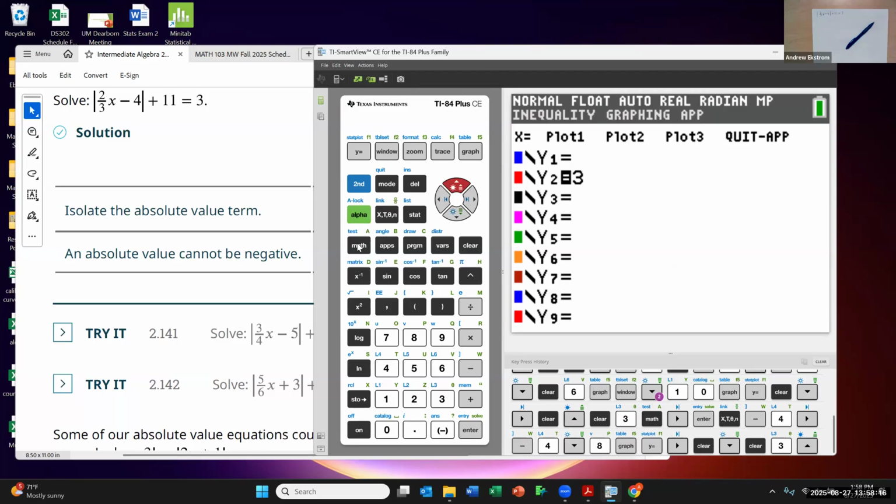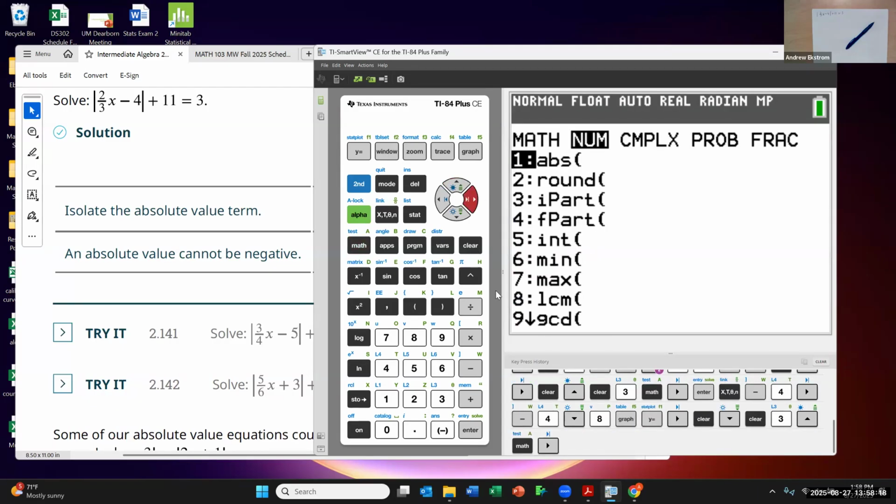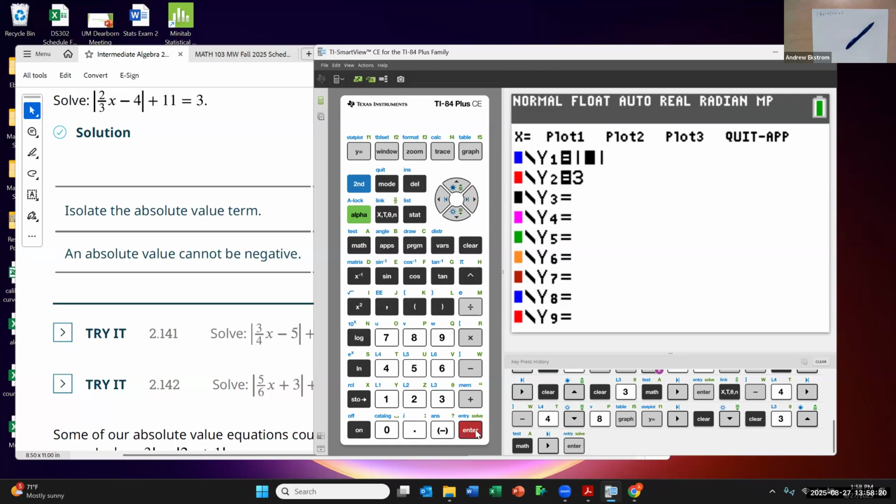So again, go to math, number, absolute value. How do I do 2/3? Basically, that's just 2 divided by 3. I need an x, so I put an x, and then say minus 4. Outside of that, plus 11.